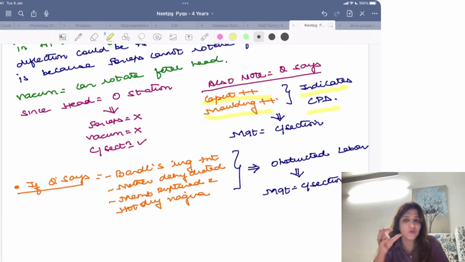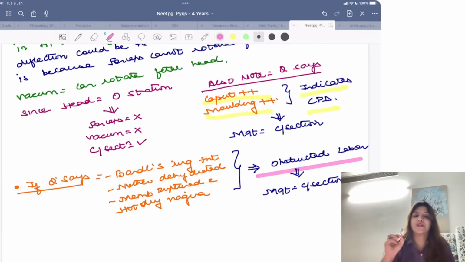The upper segment was very tight and the lower segment was loose. Bandl's ring was felt. Then the mother was dehydrated, membranes were ruptured, and there was a hot, dry vagina. Right? Now, what do all these things point towards? All these things point towards obstructed labor. And again, your answer is going to be cesarean section.